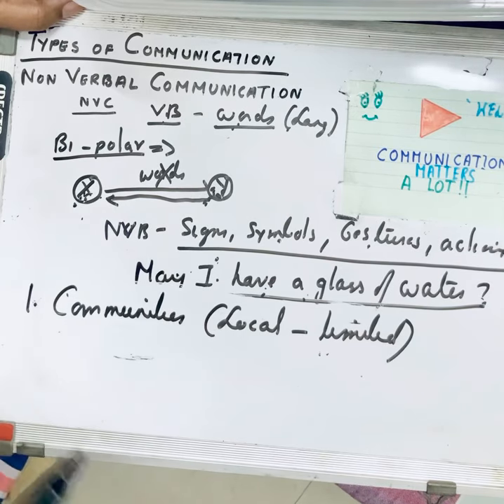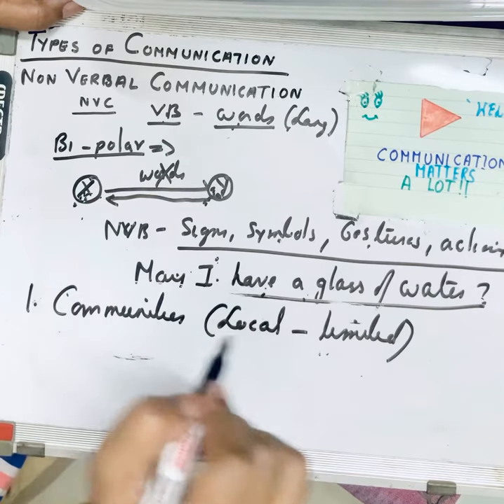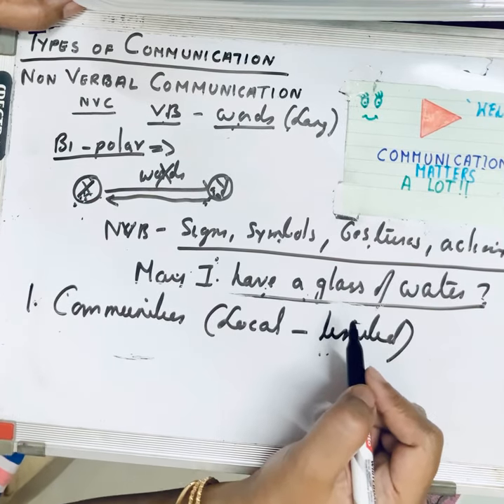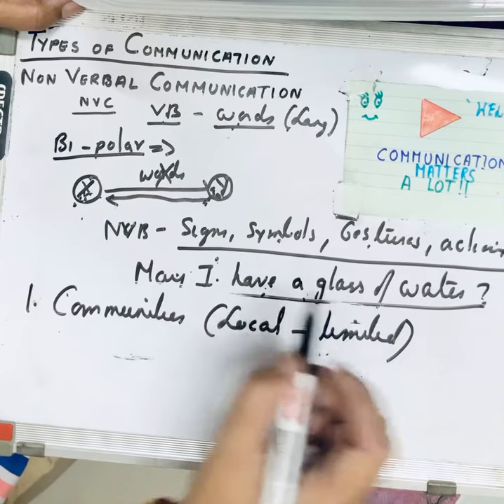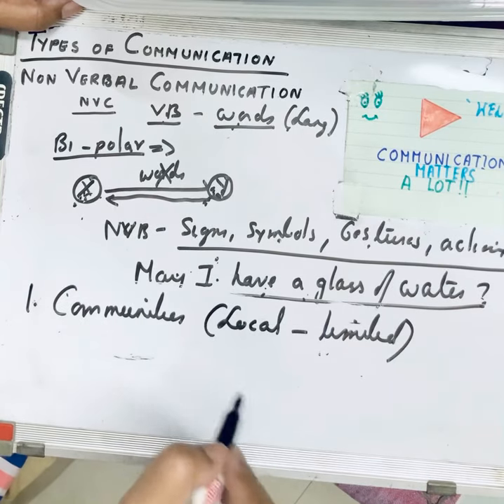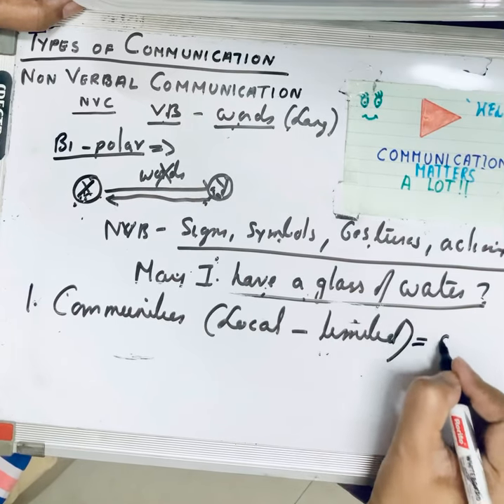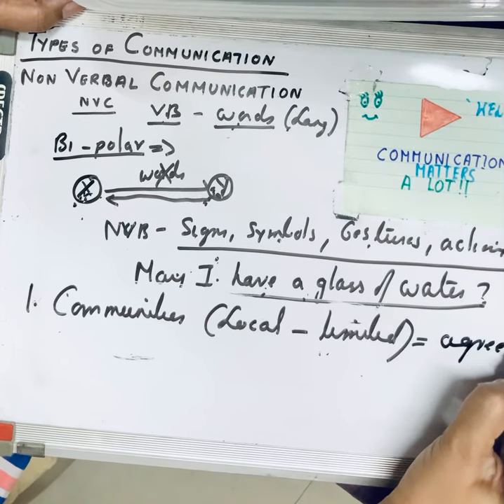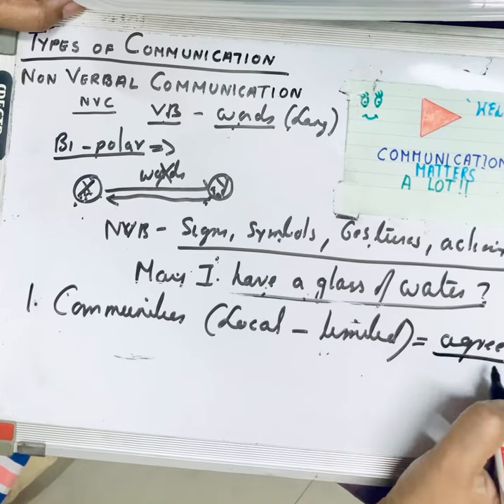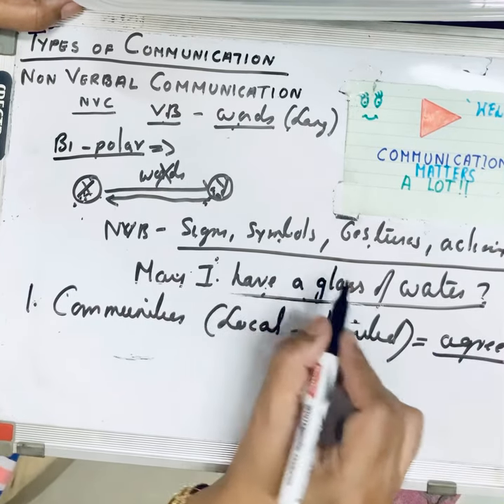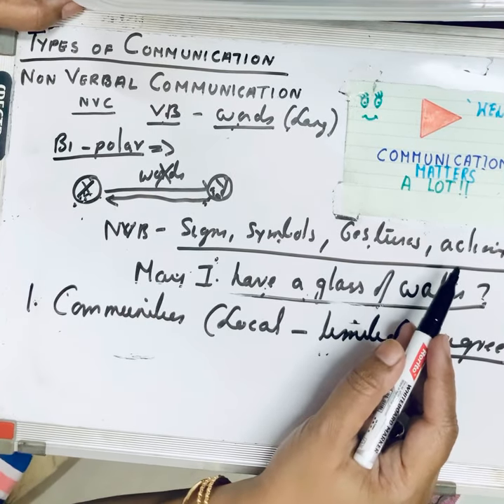So the whole community must agree to certain signs, and once this agreement is there, then the individuals belonging to that community will have no issues, no problems in communicating with signs, symbols, gestures and actions.